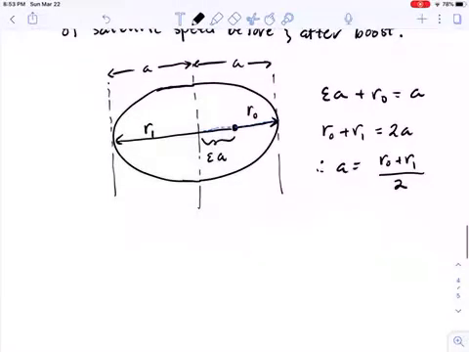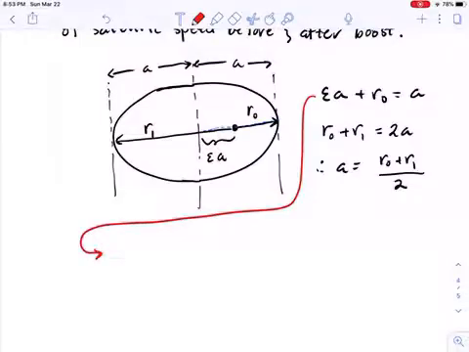Okay, so what I want to do is start with this first equation, and let's just do a simple manipulation. Let's just isolate for epsilon.